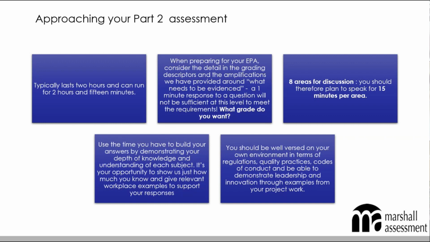Now, there's a difference between prompting and leading. When we prompt, let's say the learner gives us a really full response for the pass criteria. We are then allowed to give them a prompt so they can also achieve the distinction criteria. However, if we have to prompt for the pass criteria, we can't then prompt for distinction. So it is a discussion, it is a two-way element, but there are certain rules that we have to follow.